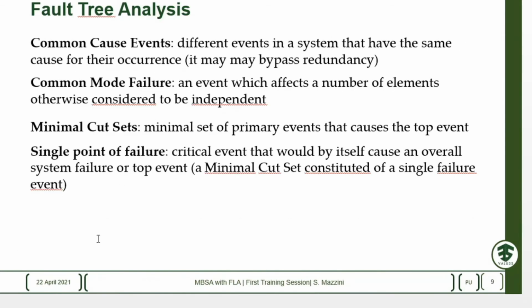Typical points of analysis for fault tree are common cause events. So the establishment of the common cause events, that are the different events in a system that can have the same cause for their occurrence.